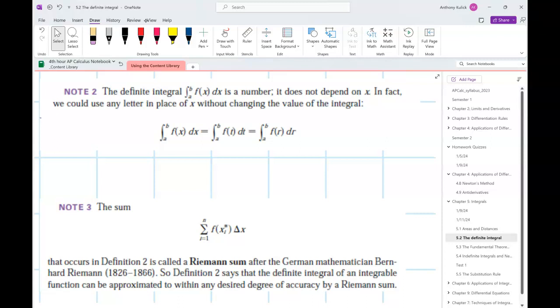They'll ask you to calculate the Riemann sum for this function using left-hand endpoints and 10 subintervals or something. Everybody's okay with that idea? So a Riemann sum is just one of these adding up rectangles, just like we did in 5.1. We're going to be doing it again here in 5.2. Bernard Riemann is a German mathematician that did a lot of very important things.